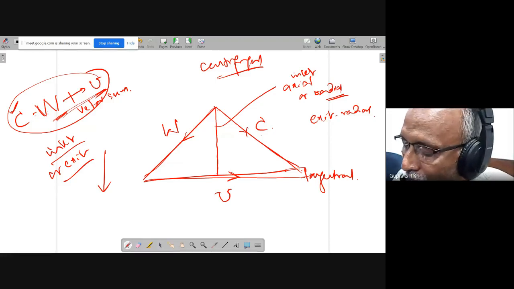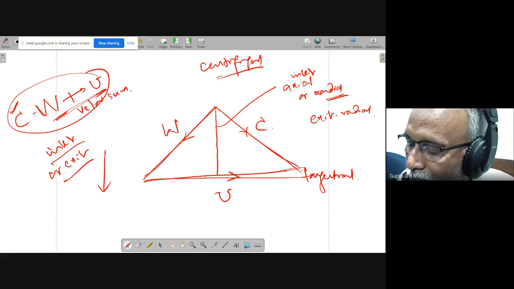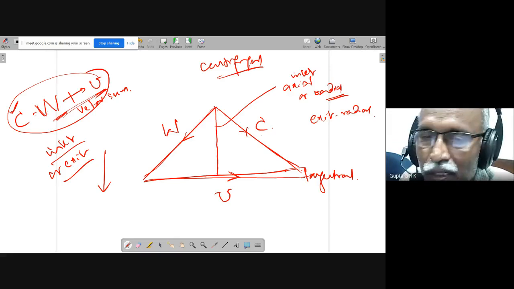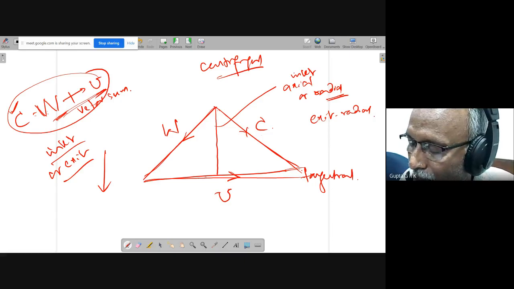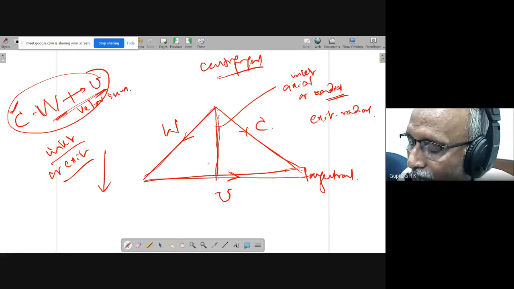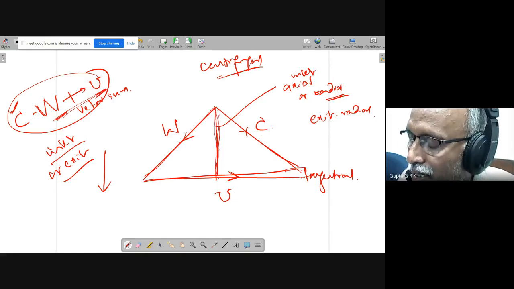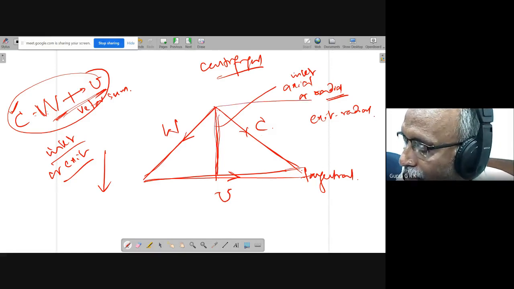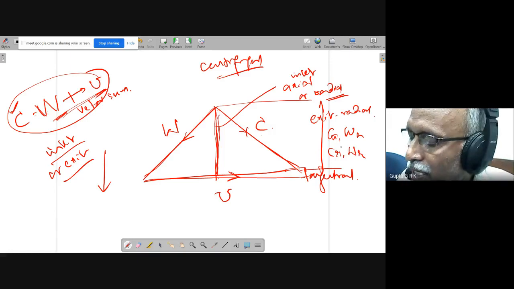Both of them will have two components, a tangential component and an axial component. If it is axial, it is an axial component; if it is radial, it is a radial component. So the height of the triangle will be CA or WA if it is axial, or CR and WR if it is radial.